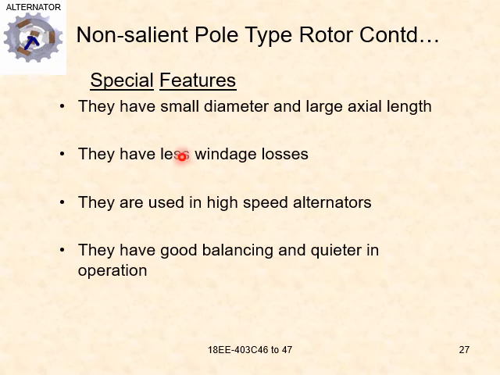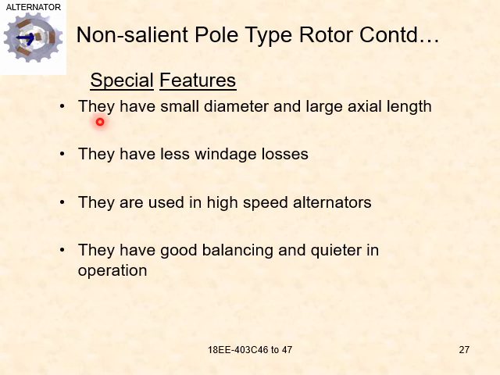Compared to salient and non-salient, salient has large diameter and smaller axial length, and there will be huge air gaps and windage losses also. Here there is a complete smooth cylindrical type of rotor.